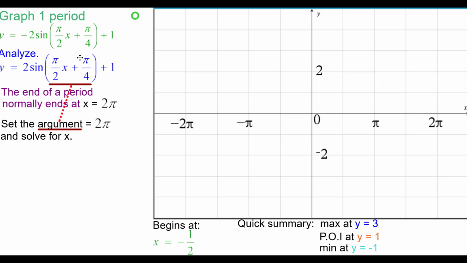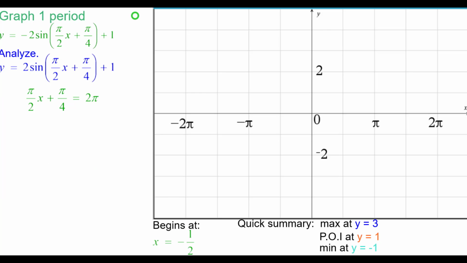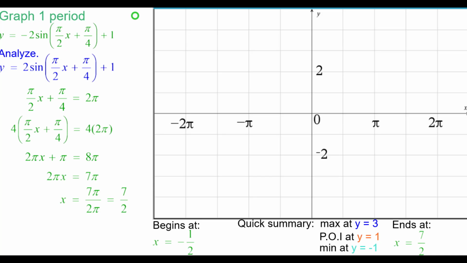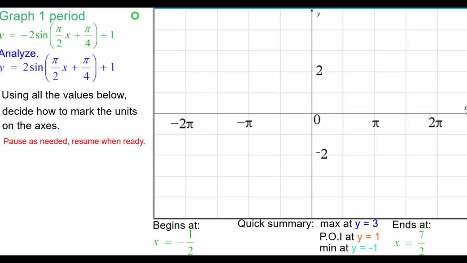So we're going to set, again, that entire argument equal to 2 pi and solve for x. Pause as needed to do that. We're going to multiply each term by 4 again to clear out the fractions. Subtract pi, and then divide both sides by 2 pi and get x equals 7/2, where the period will end.